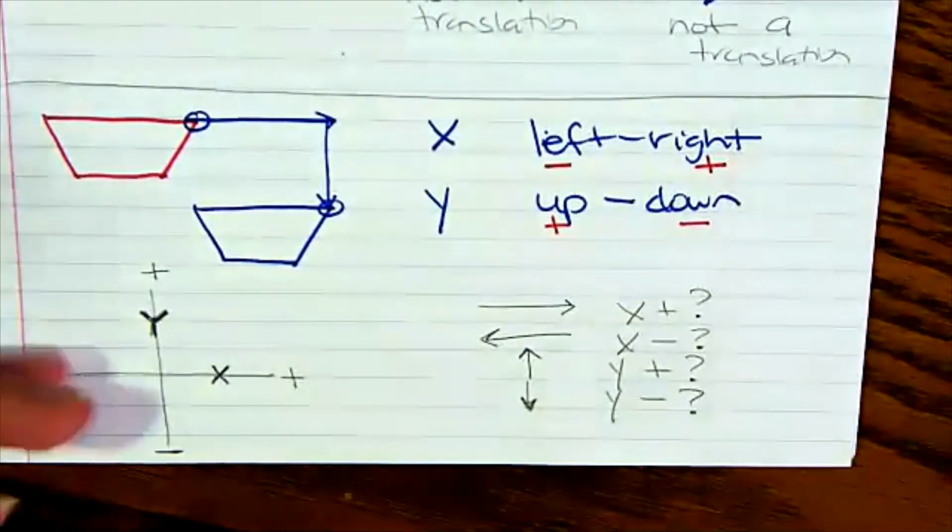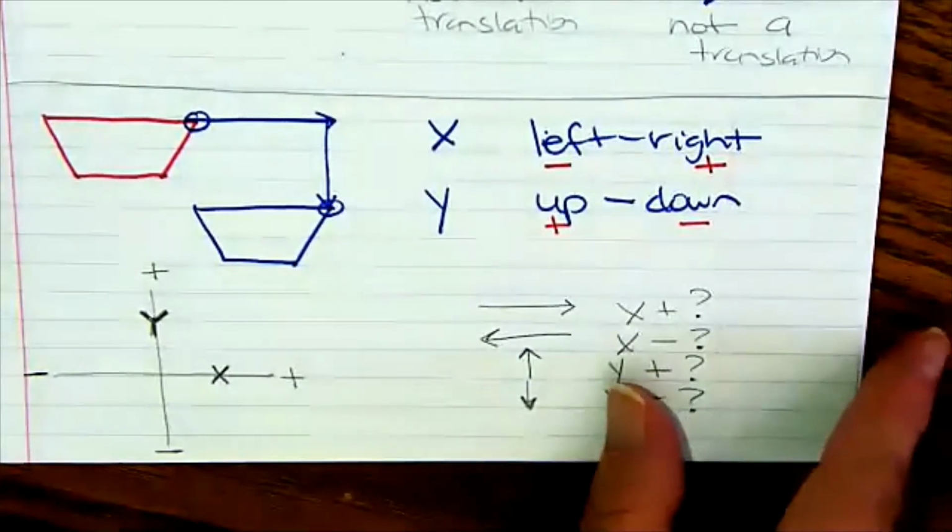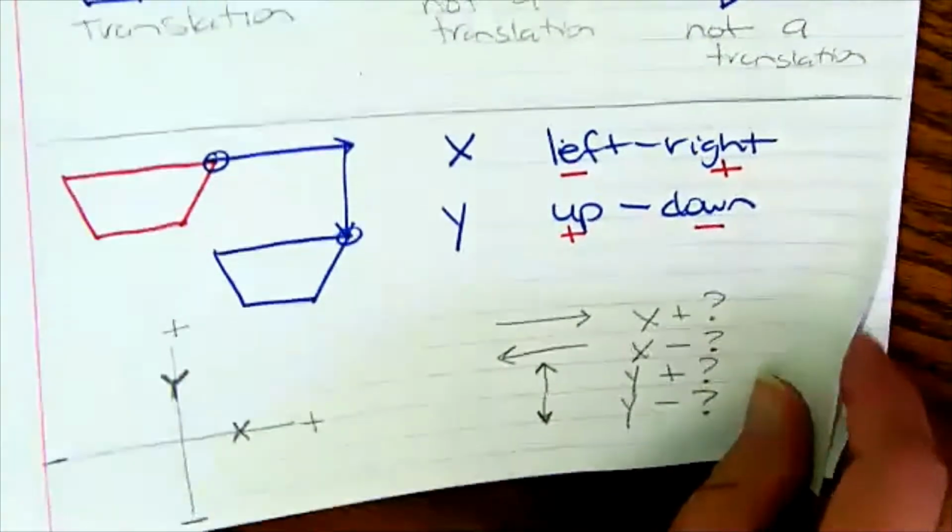Okay, so let's put all of this to work. What does all of this mean? Well, let's find out. Okie doke. The book has given us this graph, this figure.